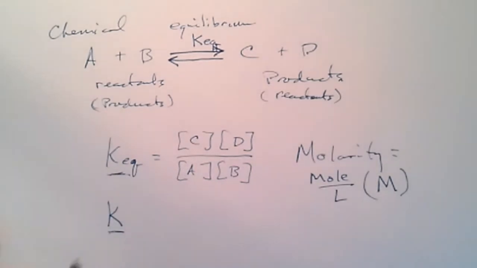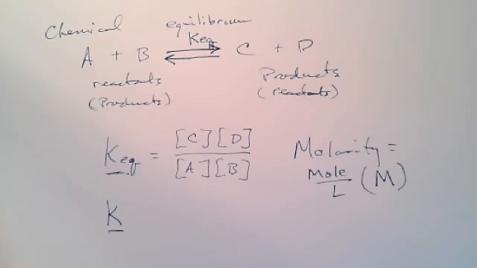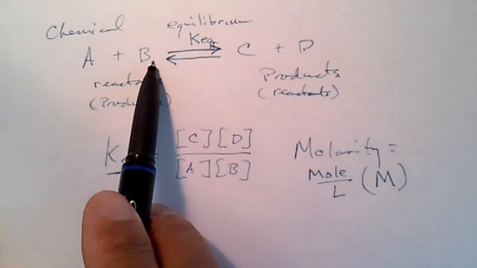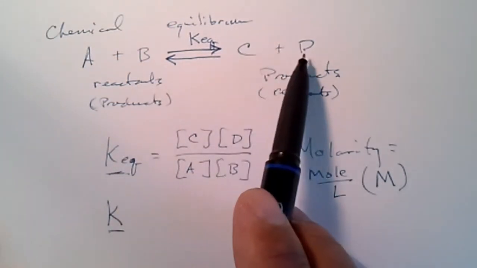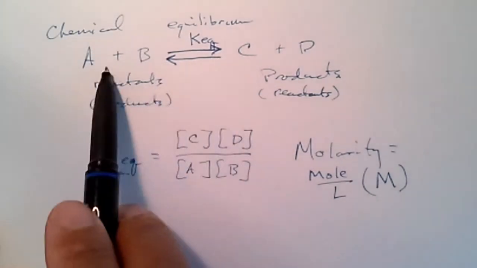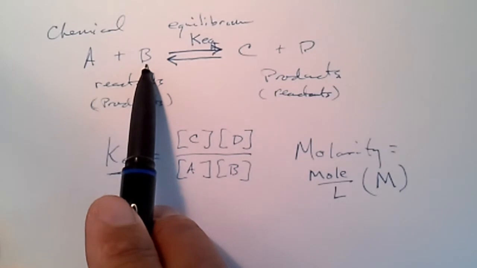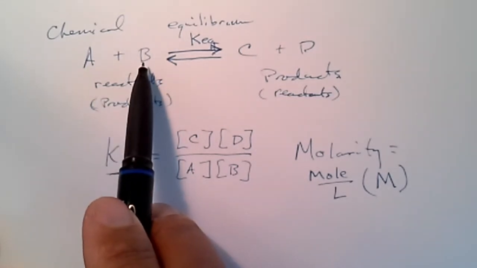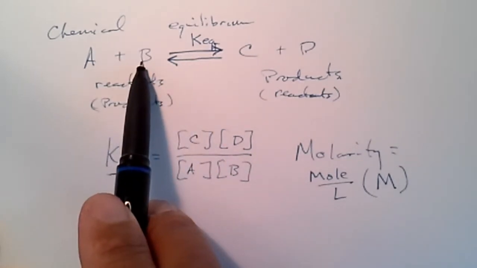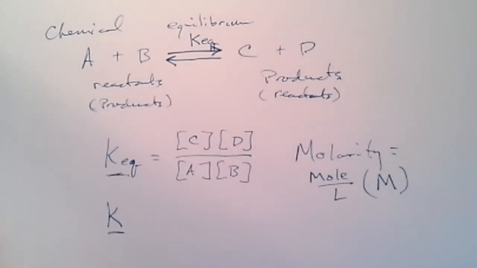And an equilibrium constant is unique for the reaction because the ability of these molecules to interact with each other and to form the products is constant unless you change one of these reactants to a different reactant. Unless those are changed, the equilibrium constant will remain the same.